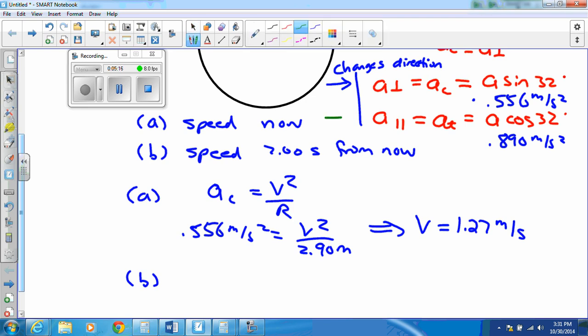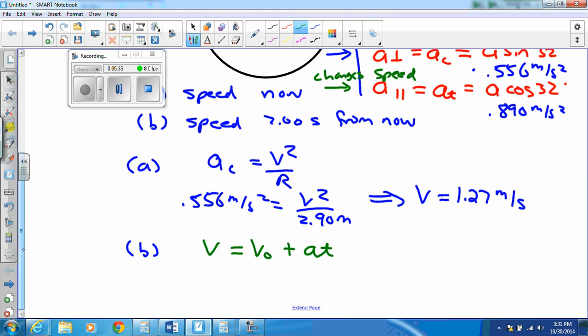By contrast, the parallel component of the acceleration changes the speed of the object. And that is going to allow us to find the speed 2 seconds from now with the simple equation v equals v0 plus a times t.